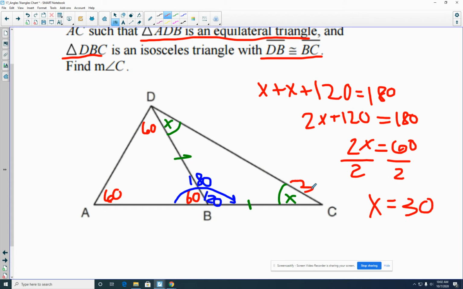Well, if this is 30, and this is 30, that means that the measure of angle C is then 30. So I found my answer. Measure of angle C equals 30. So here I use my equilateral triangle, my isosceles triangle, a linear pair, and the angles in a triangle sum to 180.